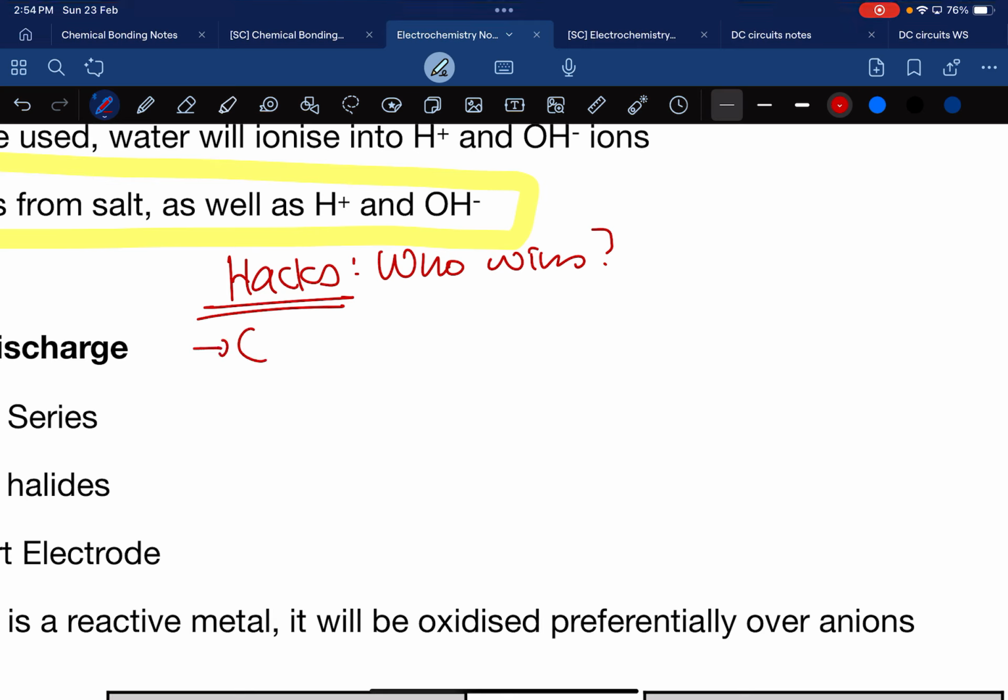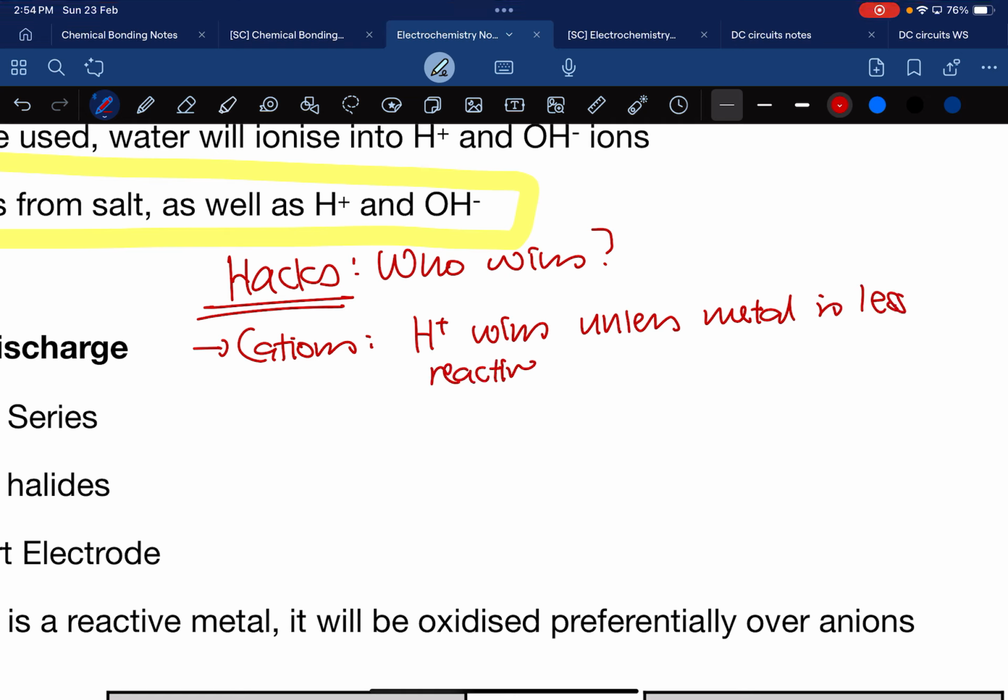Hear me out. For cations, H plus wins unless the metal is less reactive. Your H plus wins unless his competitor is less reactive than him. In other words, who are the people who are less reactive than hydrogen? Give me just one.